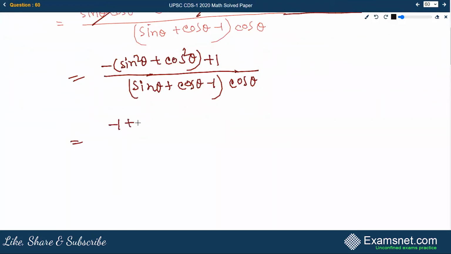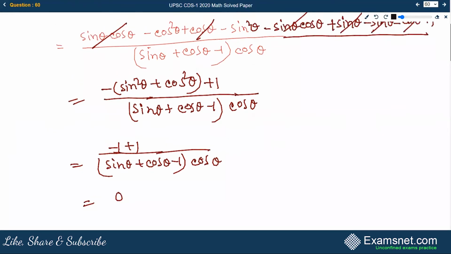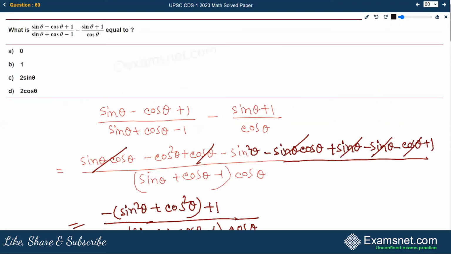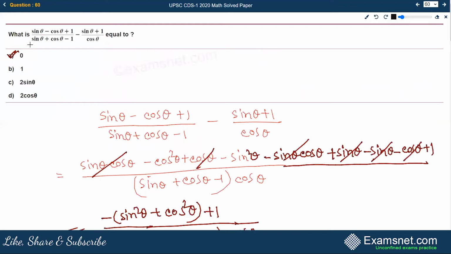So minus 1 plus 1 by sin theta plus cos theta minus 1. So cos theta both, my 1 got cancelled, so we'll get 0. So the value for this given expression is 0. Here option A is the correct answer.